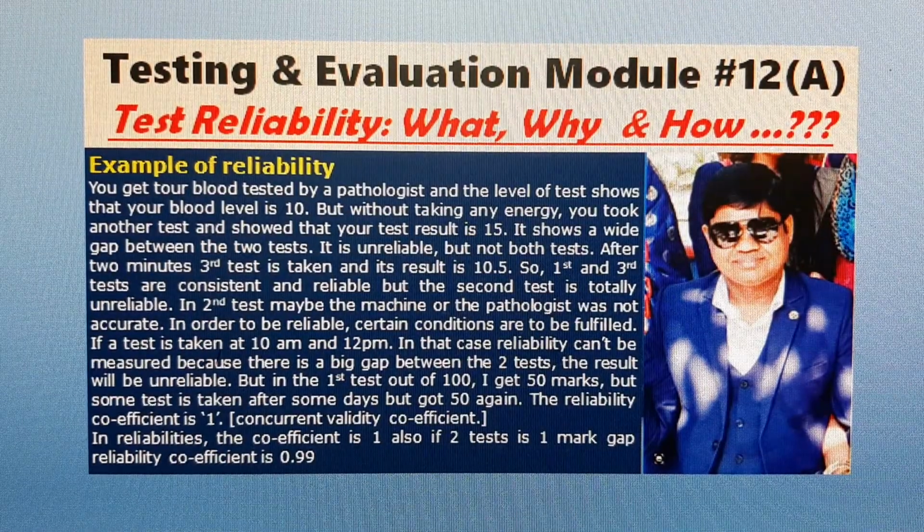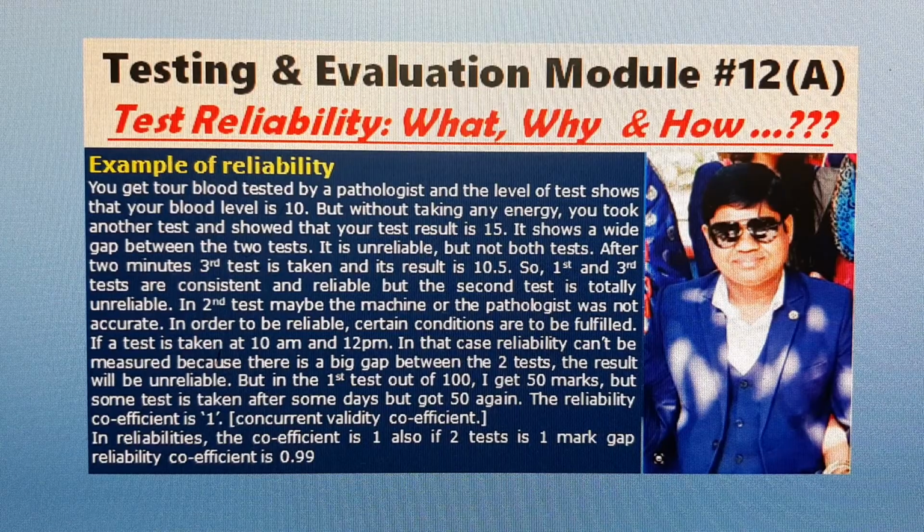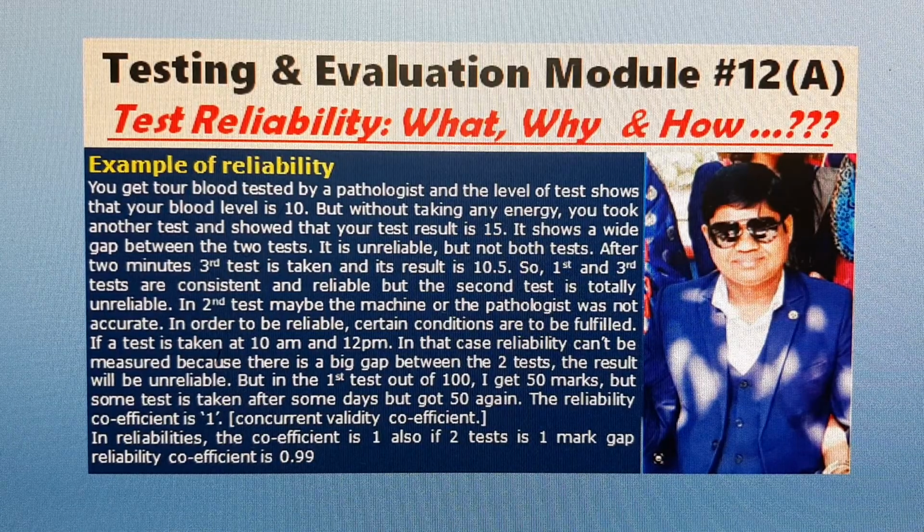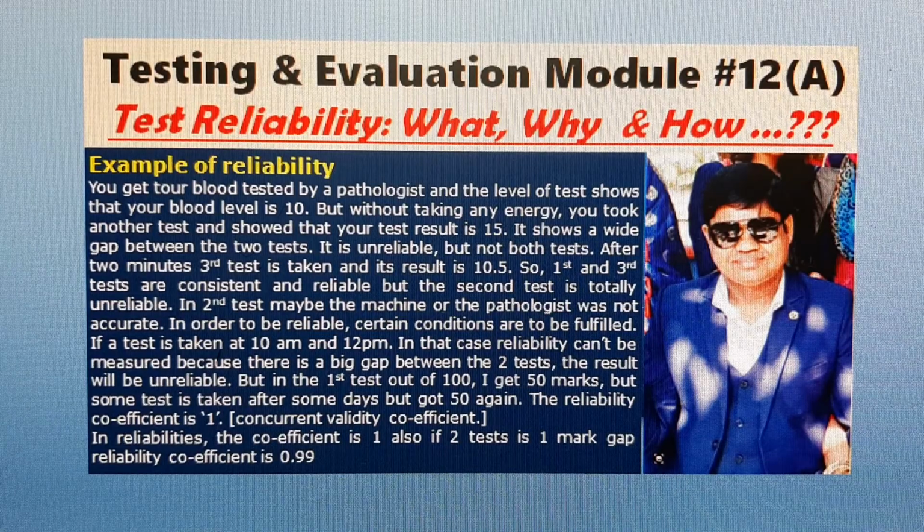Example of reliability. Suppose you get your blood tested by a pathologist and the test shows that your blood level is 10.00. But without taking any medicine, you took another test and it showed that your test result is 15.00. It shows a wide gap between the two tests.